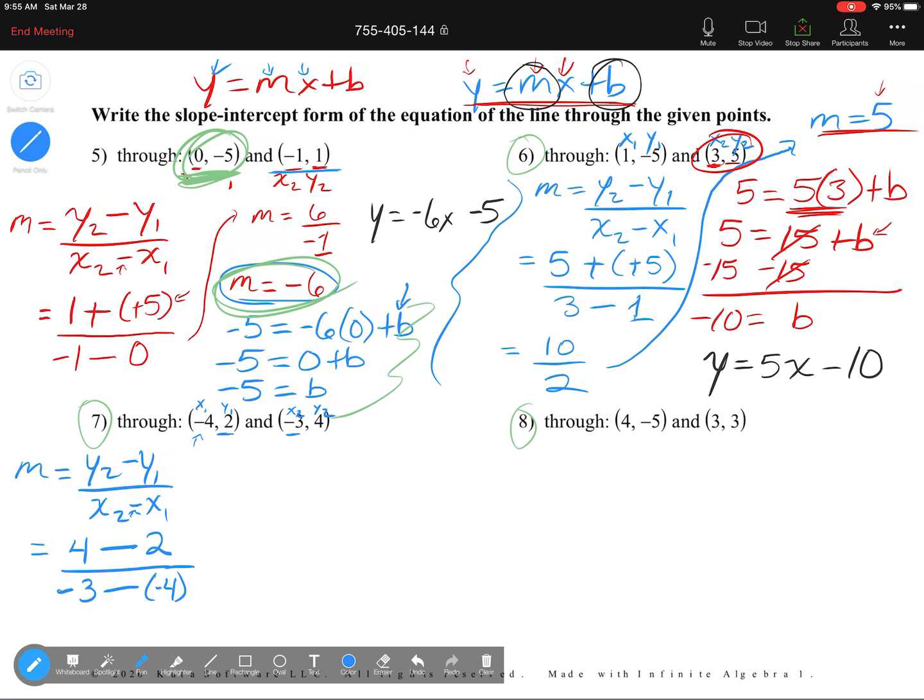Now, simplifying things on top, we have 4 minus 2, which is 2. On the bottom, we notice that we have negative 3 minus negative 4. Again, when we see that double negative like that in a row, we keep the first one and change the other to a positive 4.